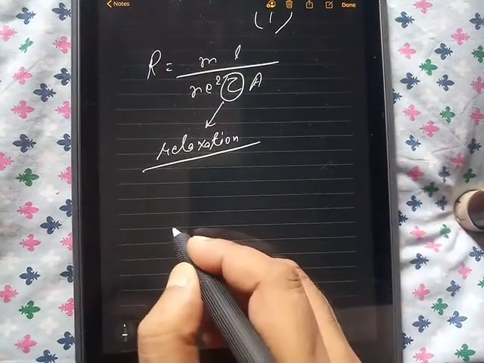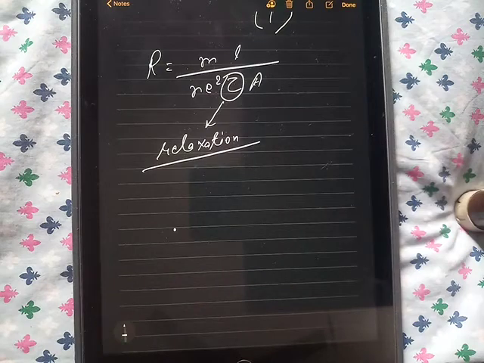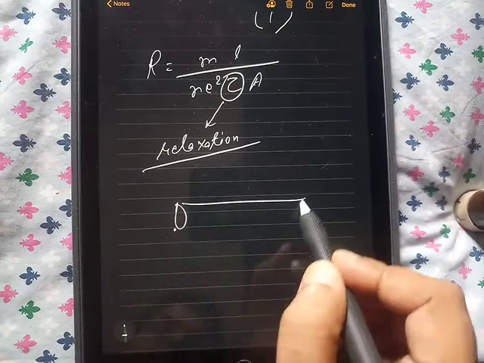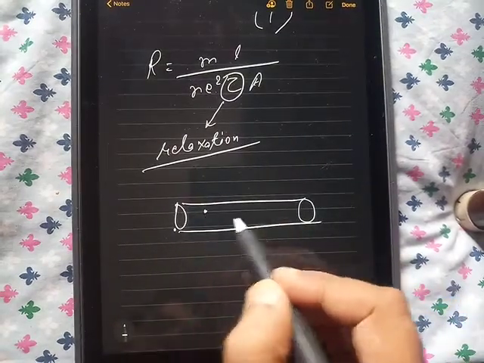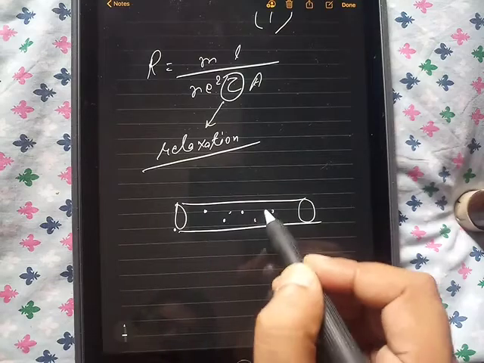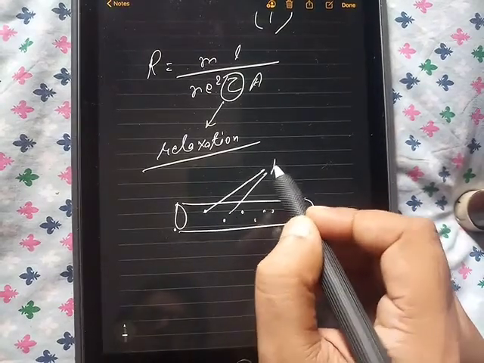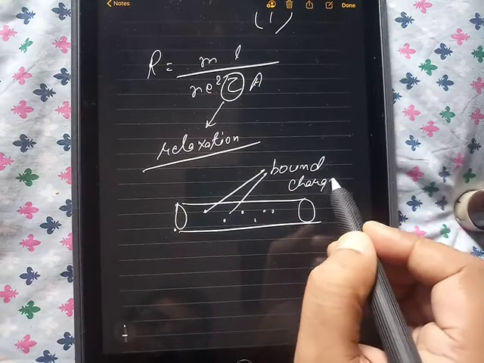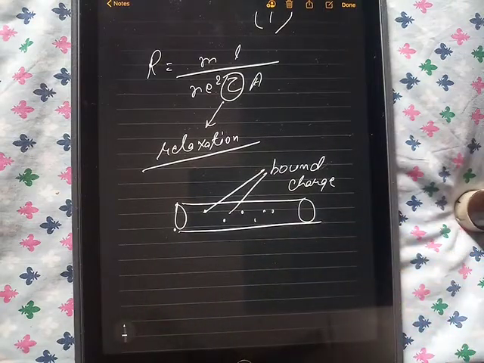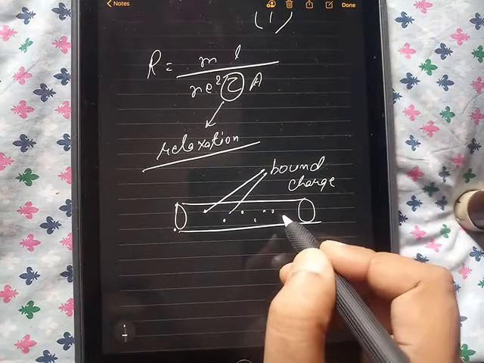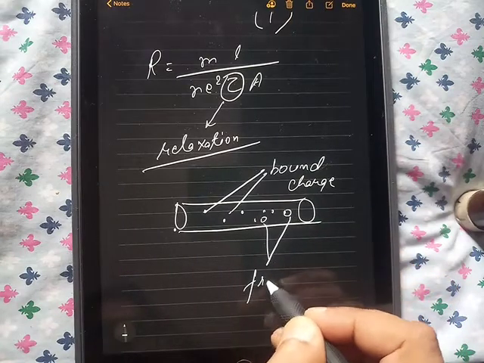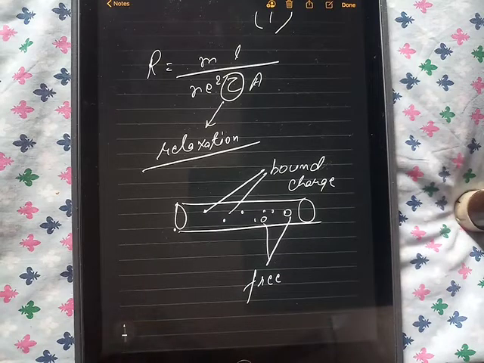When a free charge moves inside the conductor, it will collide with bound charges. Suppose this is our conductor. Now there are two types of charges: bound charges, the electrons which are bound to their parent nucleus, and free charges, the electrons which are free to move inside the conductor.